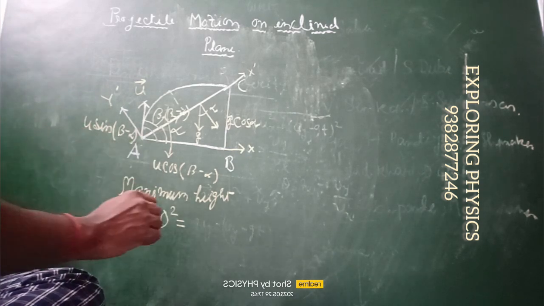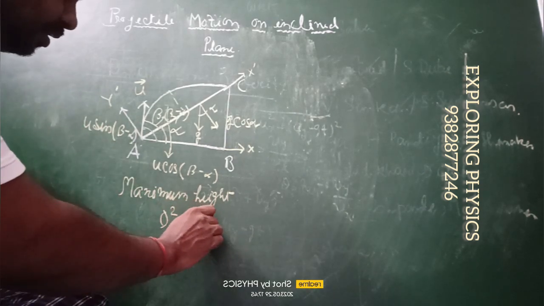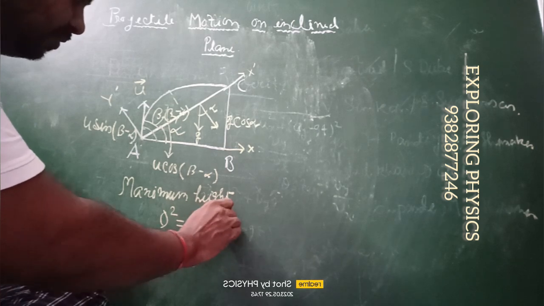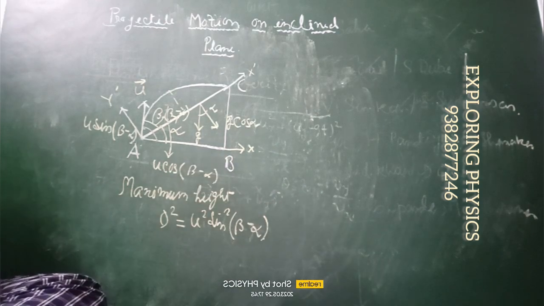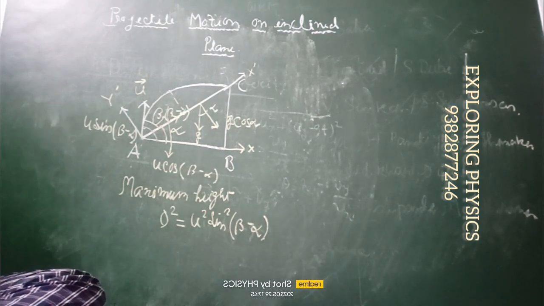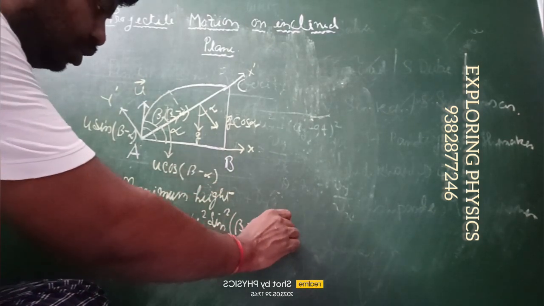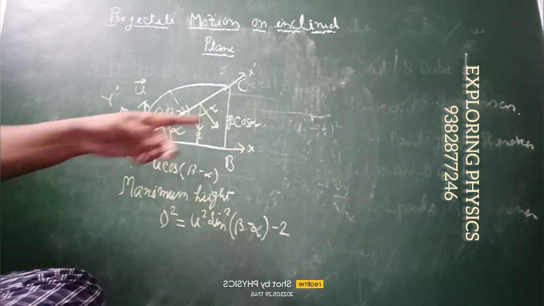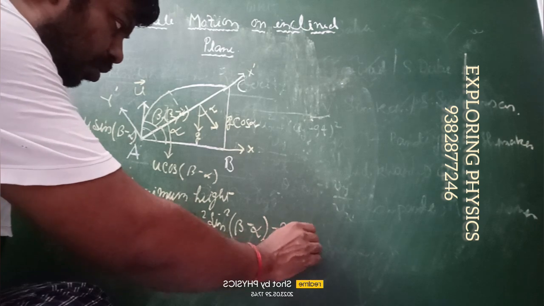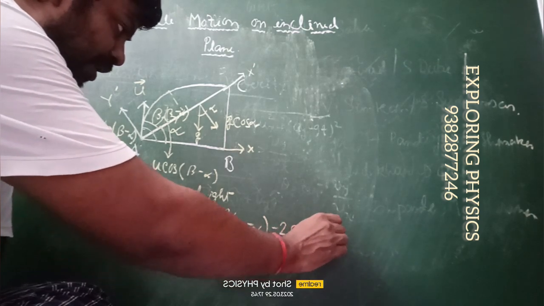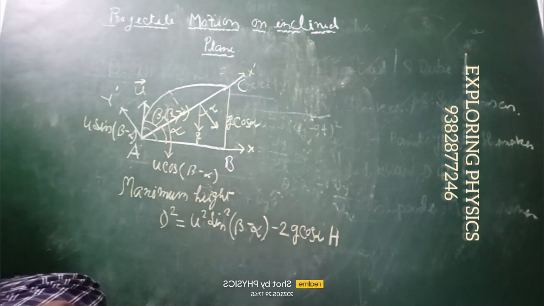So v square equals u square sine square of beta minus alpha minus 2g. Here g is g cos alpha, and the maximum height is h.